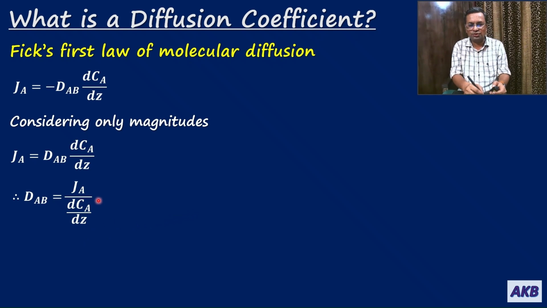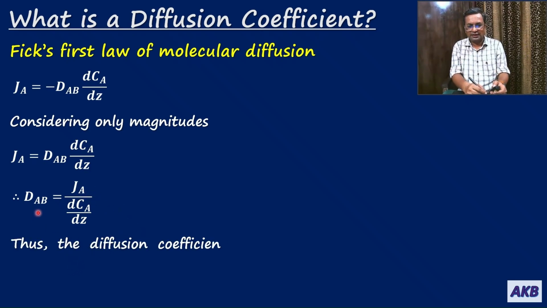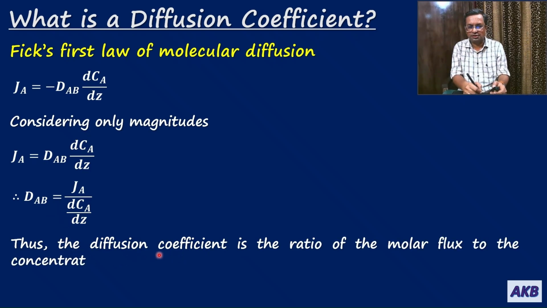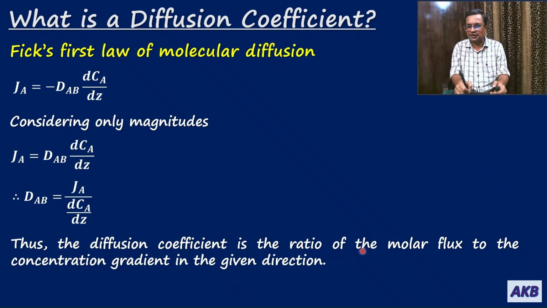That means according to this equation, DAB is equal to JA if the denominator, that is dCA by dZ, is 1. So from this equation, you can define the diffusion coefficient as the ratio of the molar flux to the concentration gradient in the given direction.